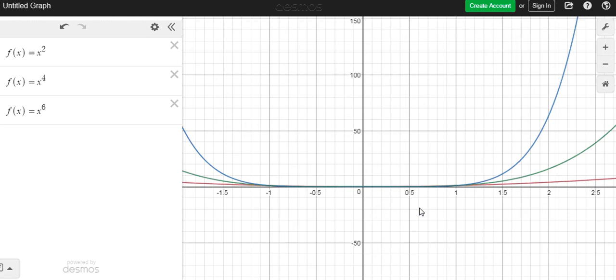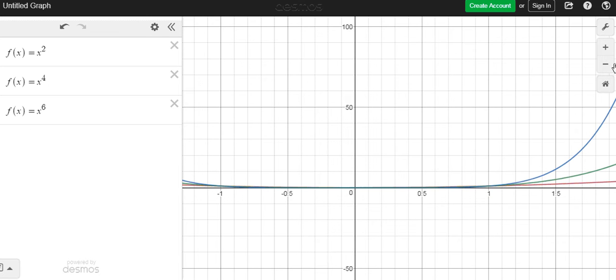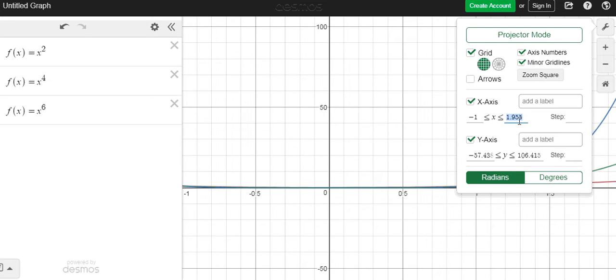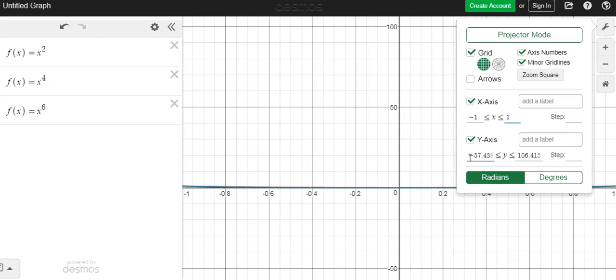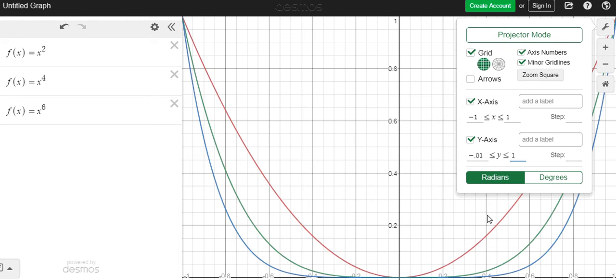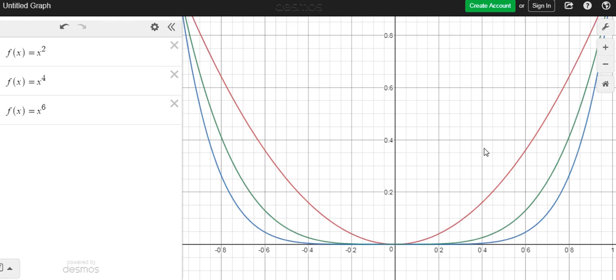But does it always go up faster? Let's go between -1 and 1 here, and then from here we'll go -0.01 to +1. And we'll look at this.